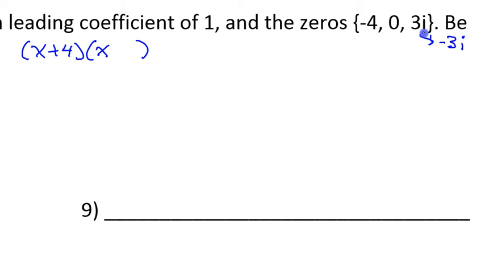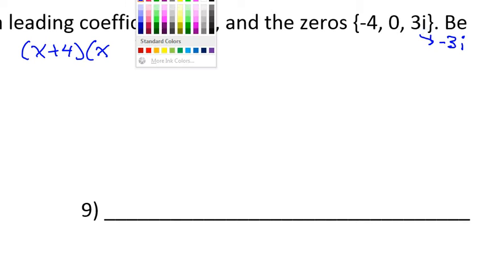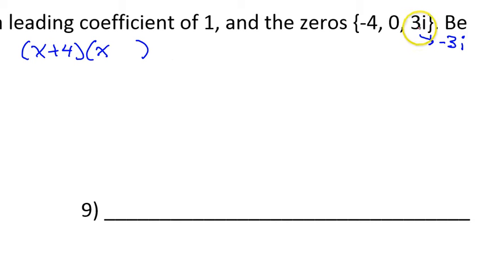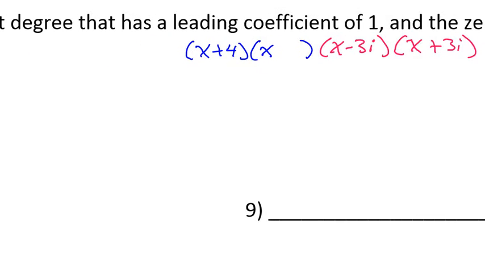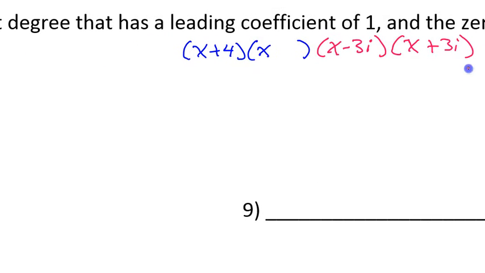And then I'm going to do these in pink. For the 3i, I could write x minus 3i, and for the negative 3i, I could write x plus 3i. So what I need to do is multiply all these together and see what I get. So I'm going to do the imaginary part first.